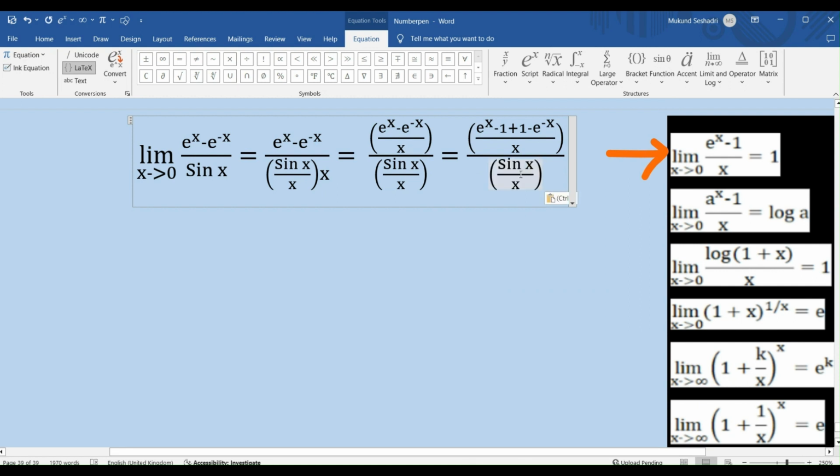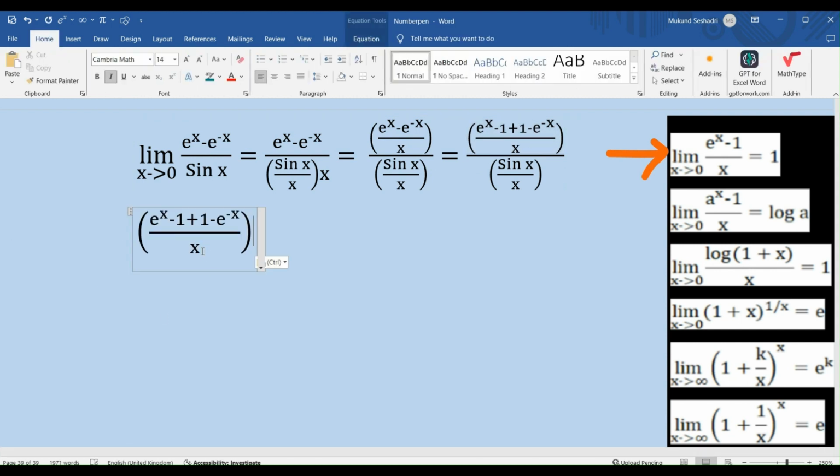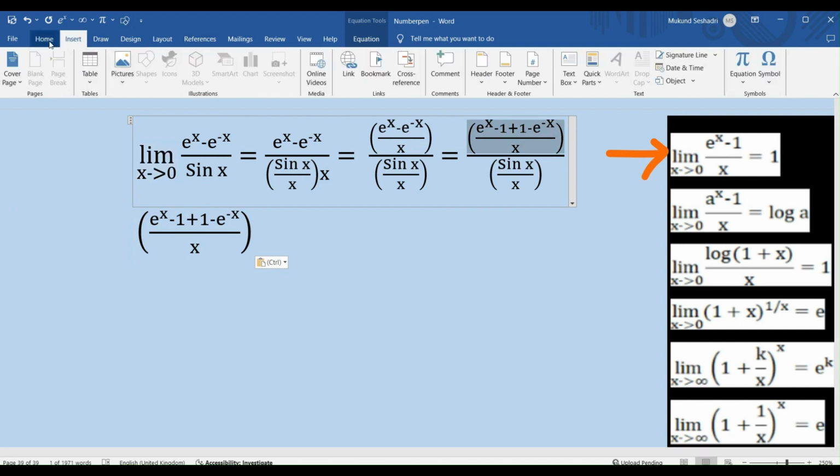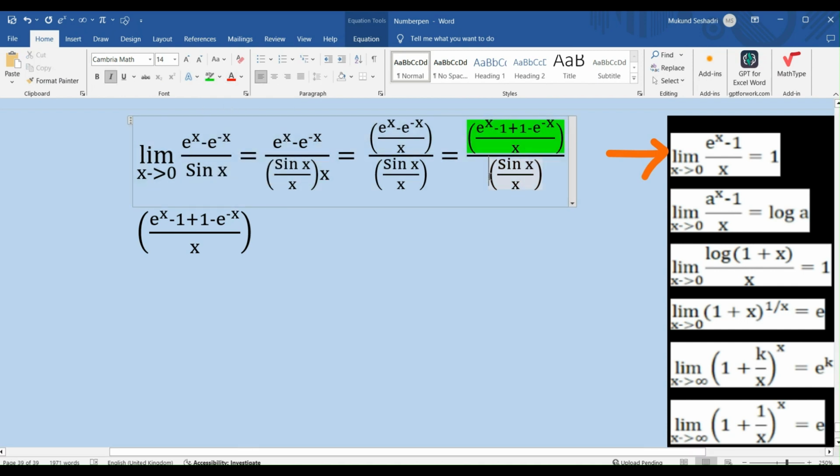Let's keep it like this for the minute, and then let's do the sine x by x here. And for a minute, let's park the sine x by x and let's treat this part separately, and let's go about solving this, right? I'm not going to copy the sine x for now. So let's highlight this. We are picking up only the green part, folks.